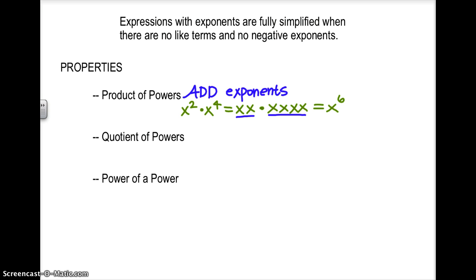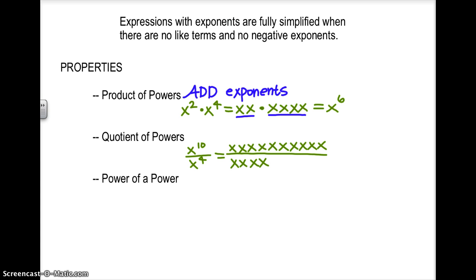Quotient of powers. Now you have x to the 10th over x to the 4th. You are dividing 2 powers. Well, that looks like 10 x's in the numerator and 4 x's in the denominator.